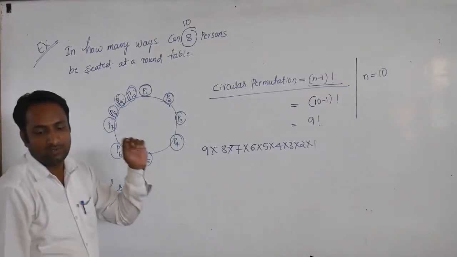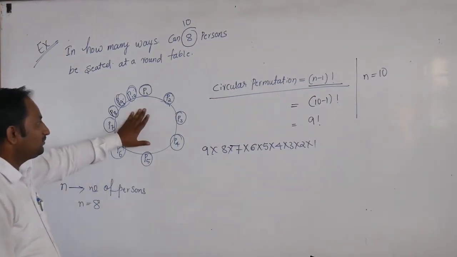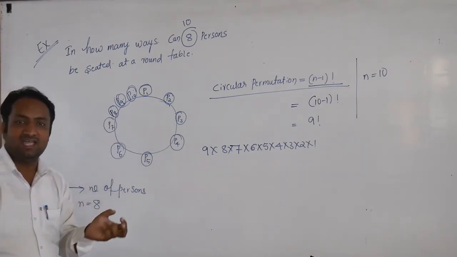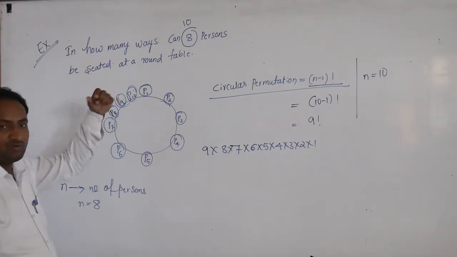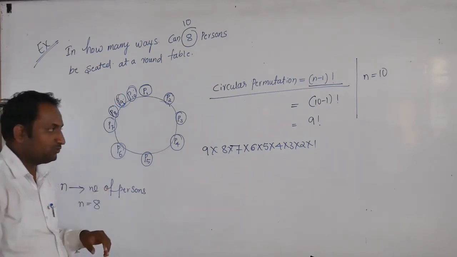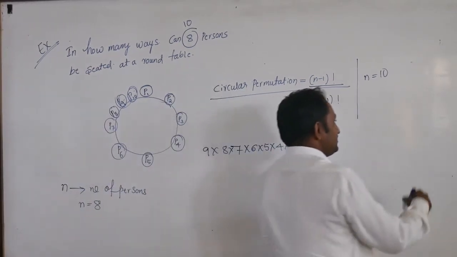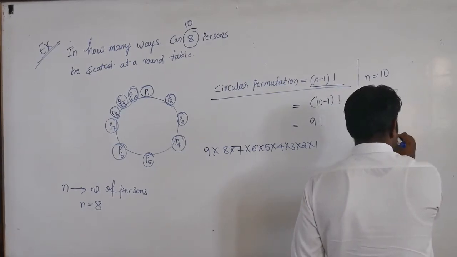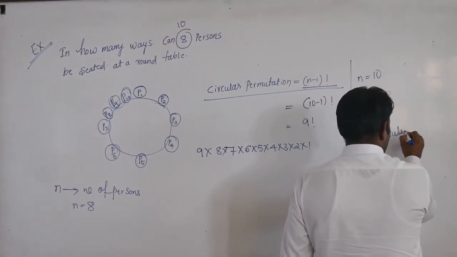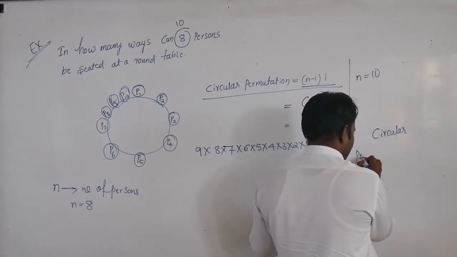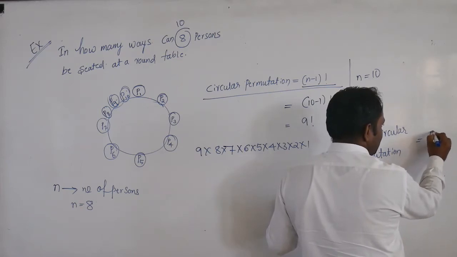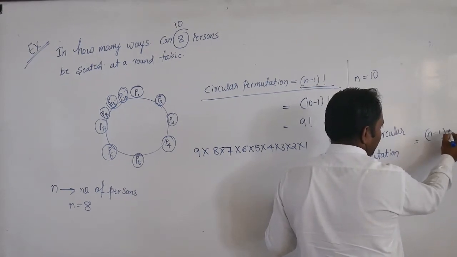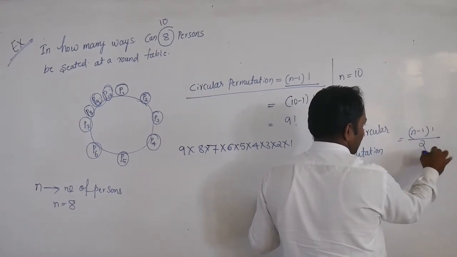If clockwise as well as anti-clockwise notation cannot be recognized, the formula changes to circular permutation equal to n minus 1 factorial divided by 2.